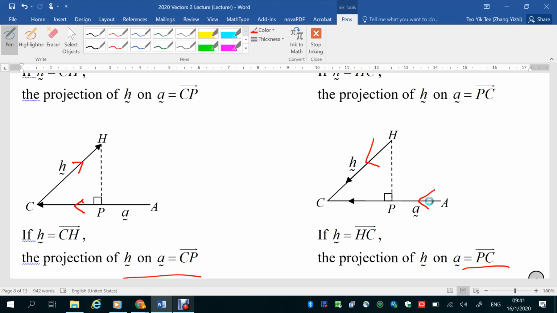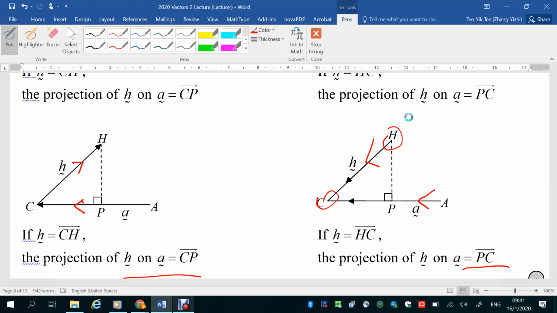Who is on top? That will decide the eventual direction. Don't get distracted by the vector at the bottom. Look at the vector on the top, whether it's shooting out from the base or shooting out from the air. That will decide where the eventual projection is. Anybody confused?